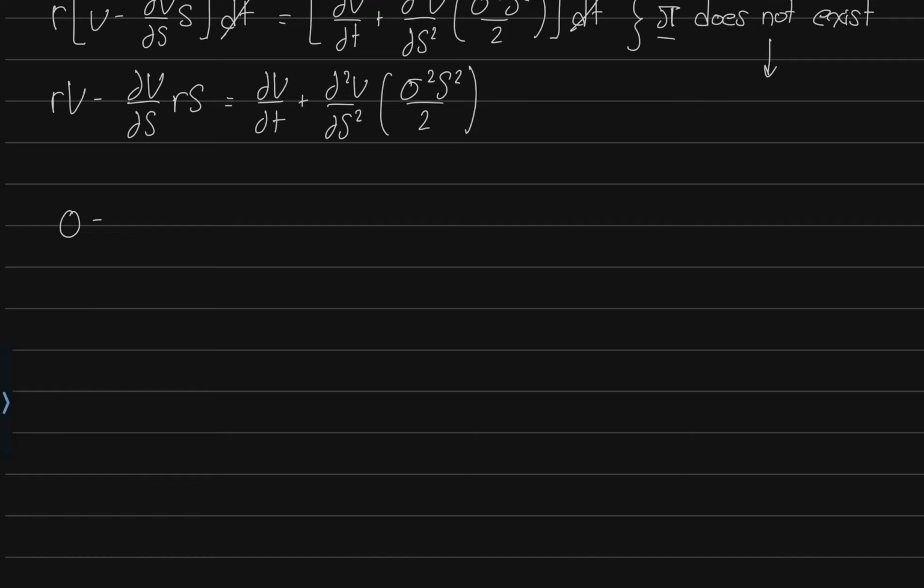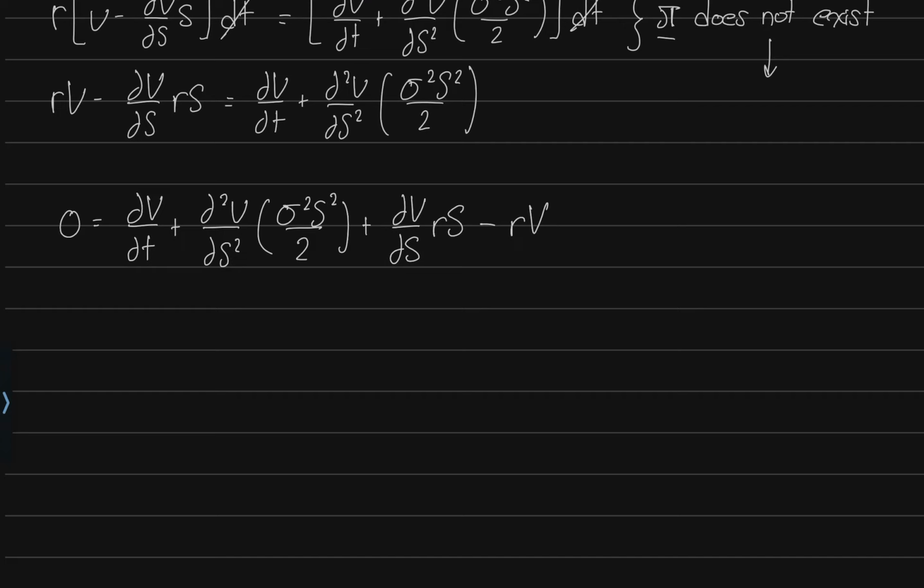I would have 0 is equal to the partial derivative of my financial derivative with respect to time plus my second partial derivative of my financial derivative with respect to my stock price times my volatility squared times my stock price squared over 2 plus my partial derivative of my financial derivative with respect to my stock price times the risk-free rate times S minus my risk-free rate times my financial derivative price. And that's all going to be equal to 0.